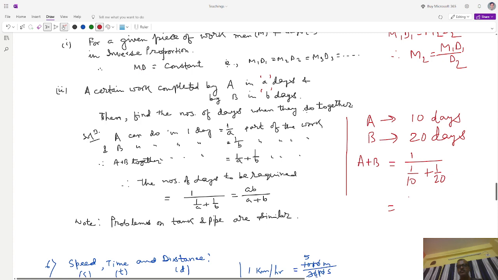That is equal to 10 into 20 divided by 10 plus 20, equals 10 into 20 divided by 30. So 20 by 3 days. Okay.